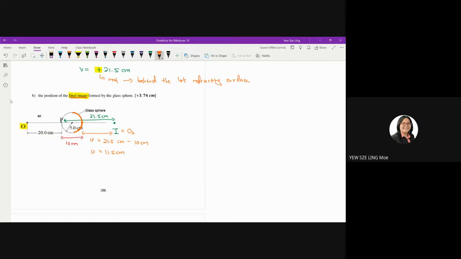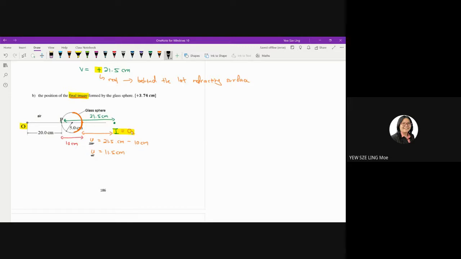Now, if you look at this question, it is a bit tricky, because the image formed by the first refracting surface is located behind my second refracting surface. How are we going to define the front and the back of the refracting surface? It all goes back to the original object. O2 is just for us to determine u2, that is its only purpose.